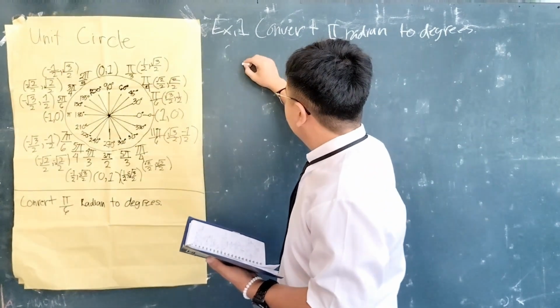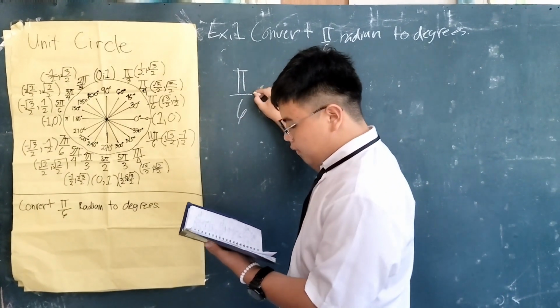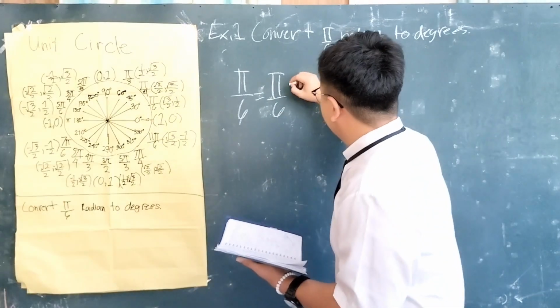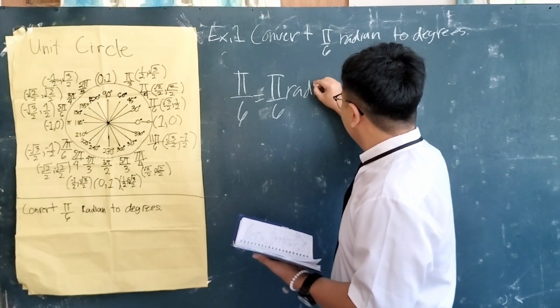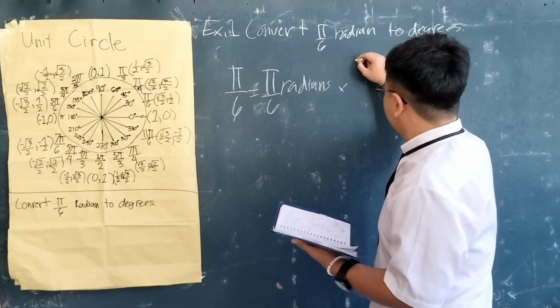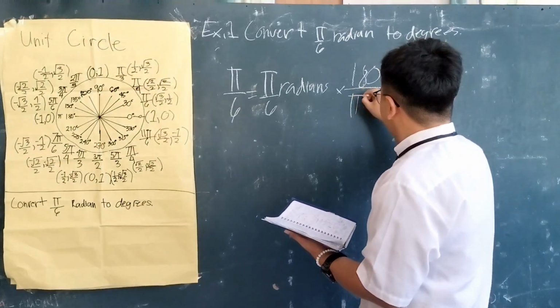So, pi radian over 6 radians times 180 over pi radian.